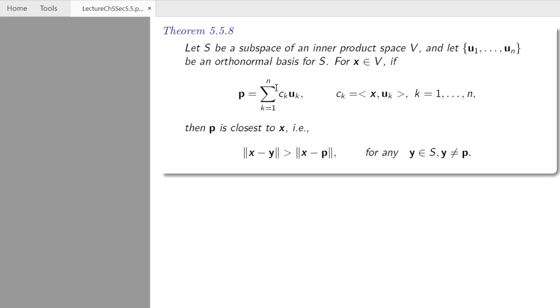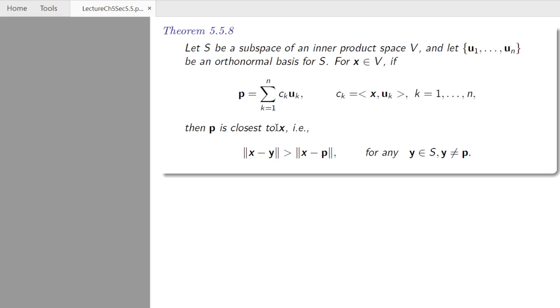Then the conclusion is P is closest to X. What does closest mean? We had this term in section 5.4.